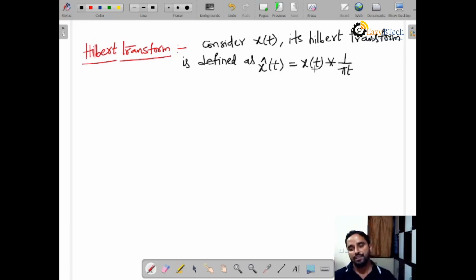So convolution of a signal x of t with 1 by pi t, that process is called Hilbert transform and it is denoted as x cap of t.